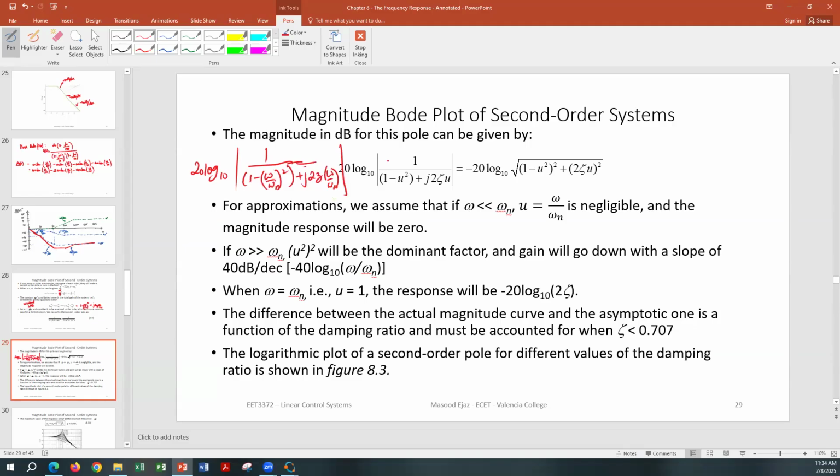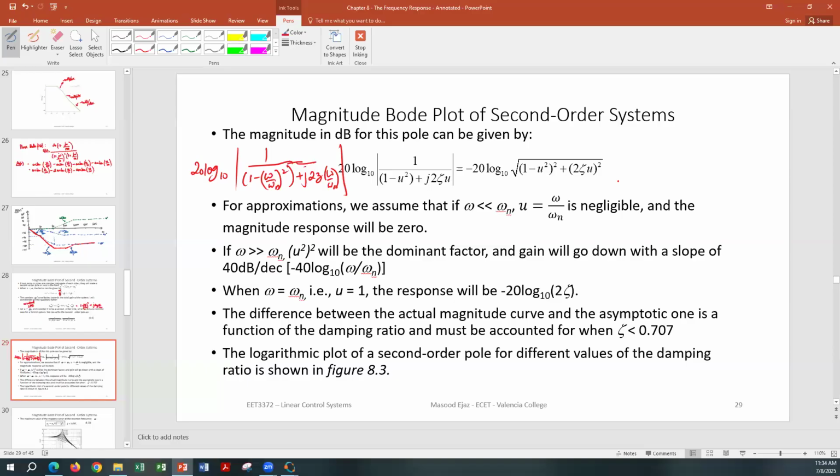Omega over omega n, of course, we are taking as u. So 1 minus u squared plus j2 zeta u, which we can write as 20 log of 1, which is 0, minus 20 log of the denominator. So negative 20 log of the magnitude of the denominator, which will be the square root of the real part squared plus the imaginary part squared.